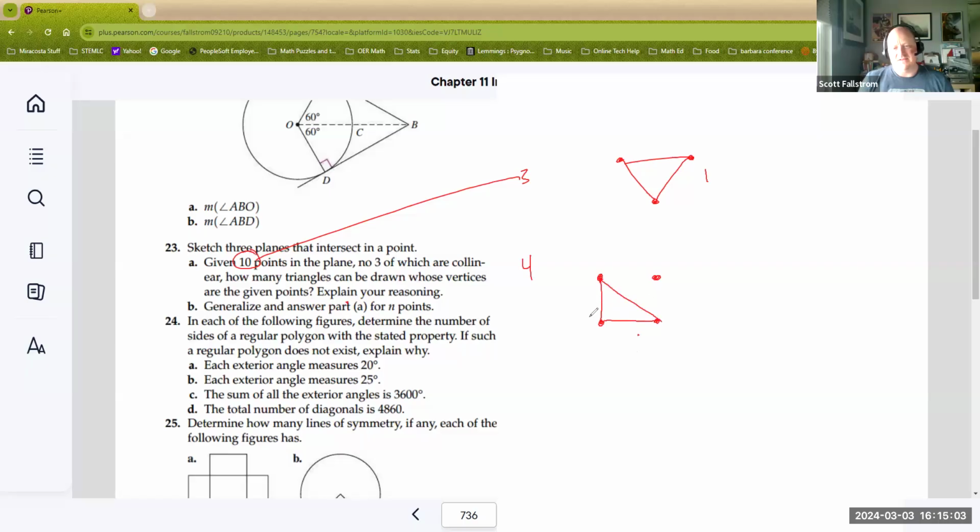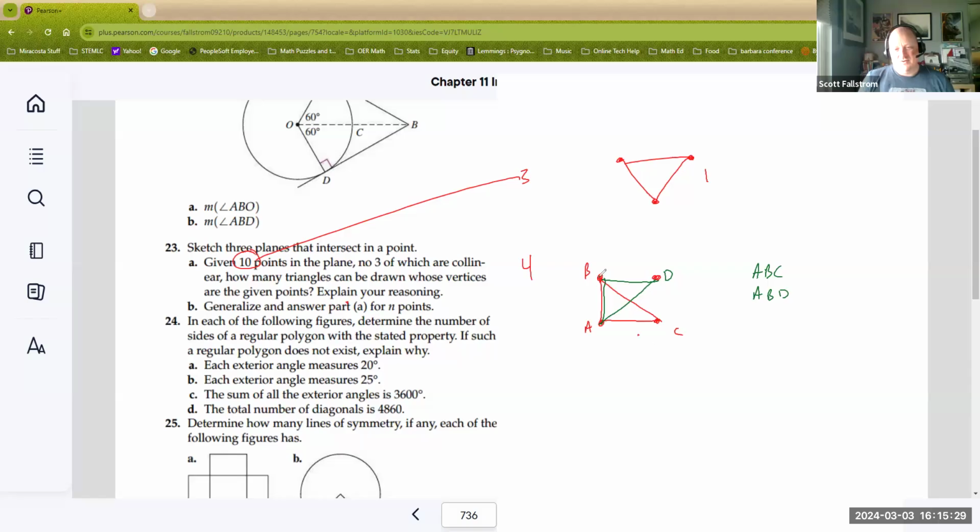That's ABC. So if I label them here, ABC, right? I could have a second one that would be A, B, D. So I have A, B, C, A, B, D. And are there any other triangles that aren't exactly the ones I have listed?